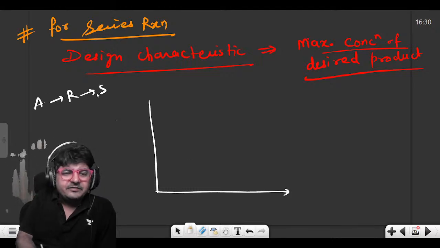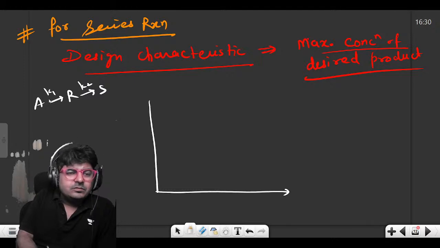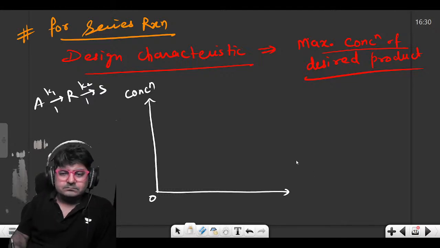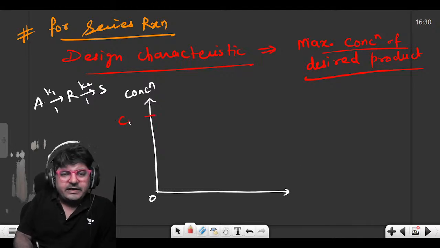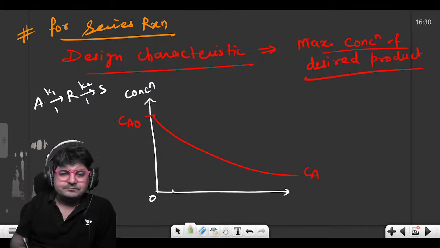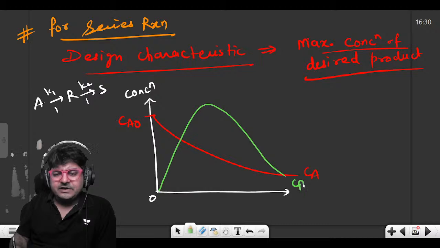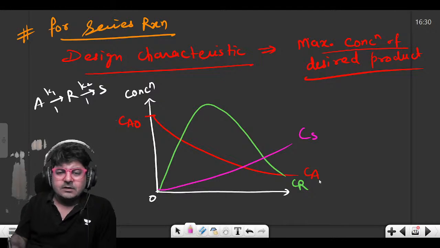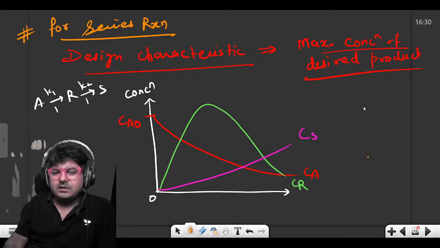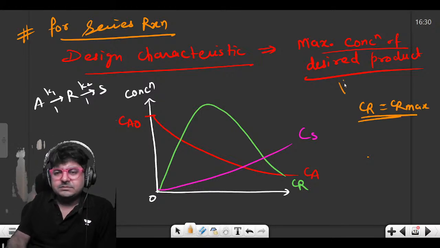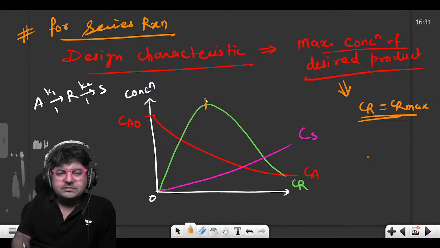Suppose A gives R gives S, k1, k2, order is 1, 1. For A at t equal to 0, it was CA0, decreasing exponentially. For R, it was something like this. For S, it was something like this. So you can see CR will be equal to CR max. This is what we want. Where? At this point.